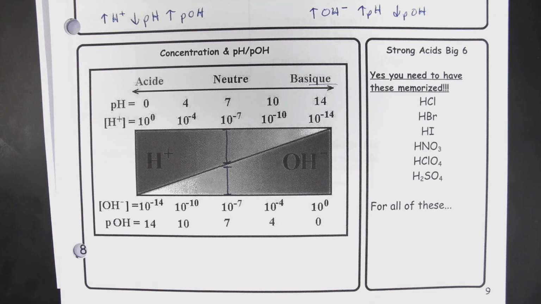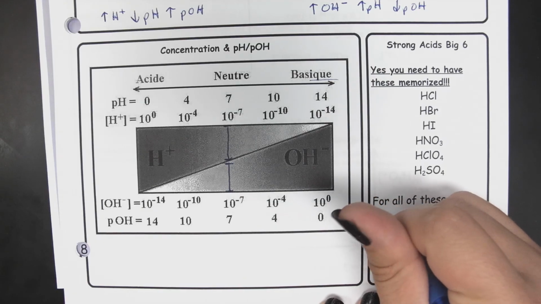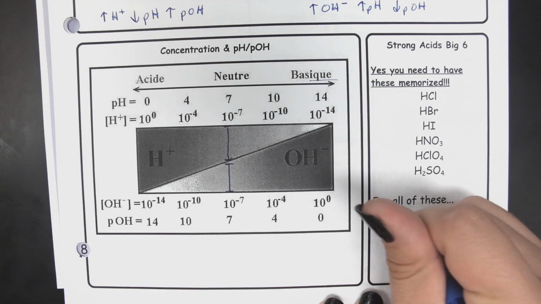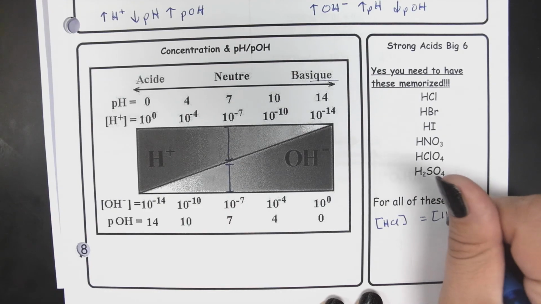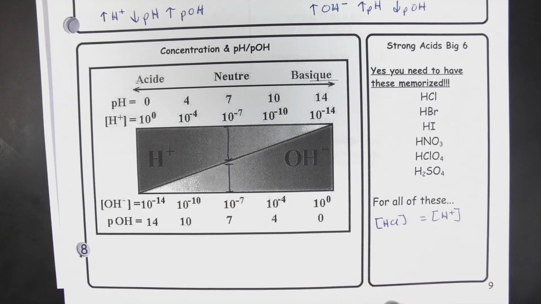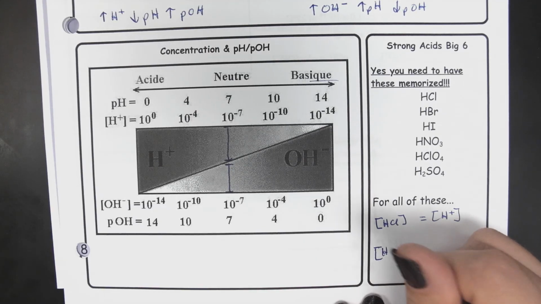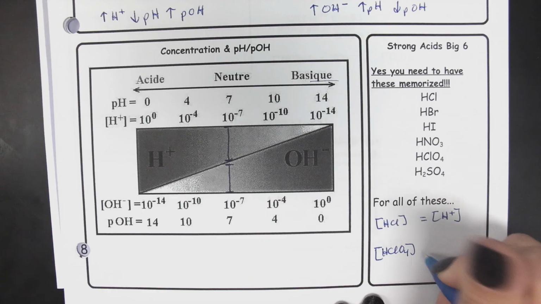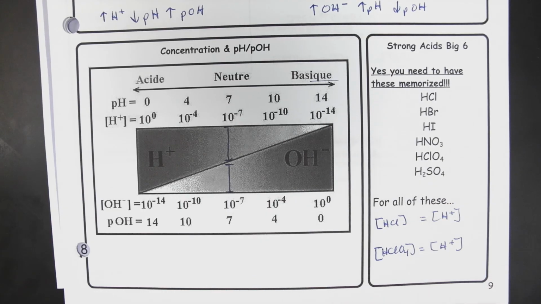For all of these, what's really cool is that whatever the concentration or the amount of the strong acid is, it is going to equal the concentration of that H+. And that's true for every single one of these. Whatever that concentration is of like the HClO4, then that's going to be the concentration of the H+.